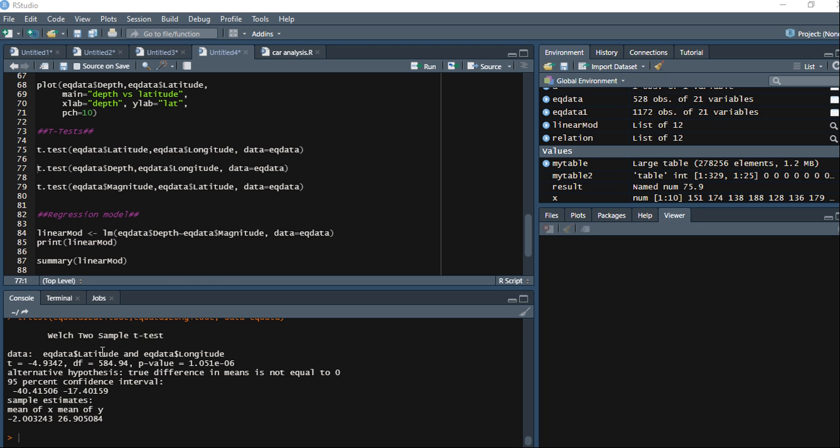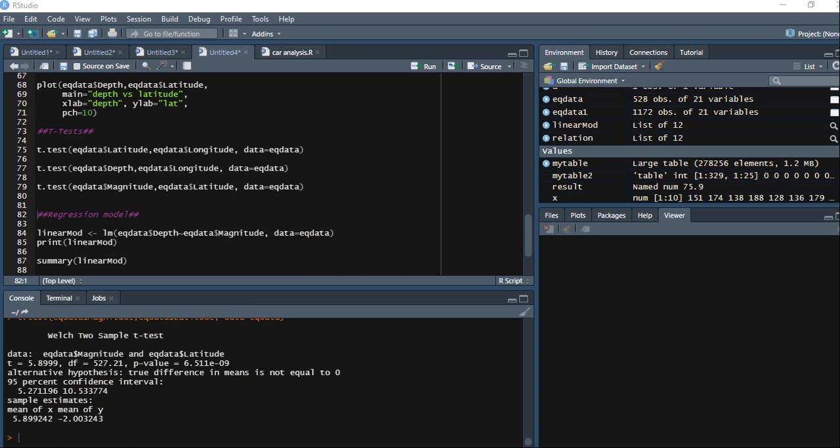We can see the t value, the degrees of freedom, the p-value, and more. Let us look at the depth and longitude. Here are the sample estimates of the mean of x and mean of y, and the t value, the degrees of freedom, and the p-value. Let us look at the magnitude and latitude.